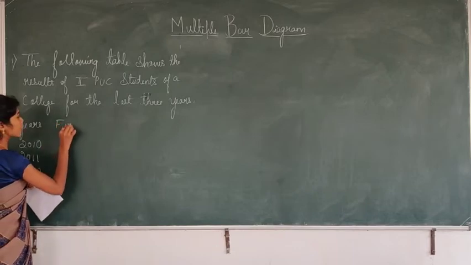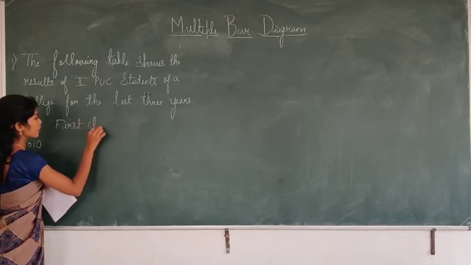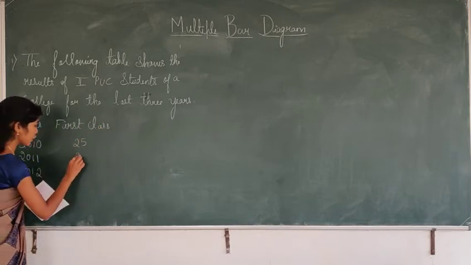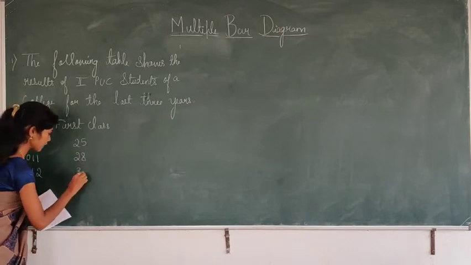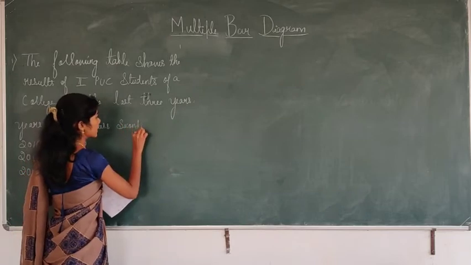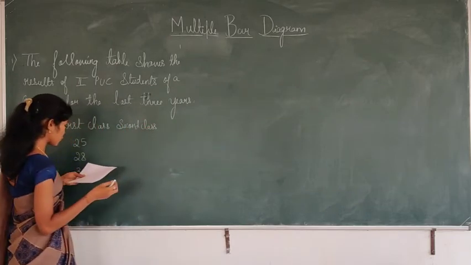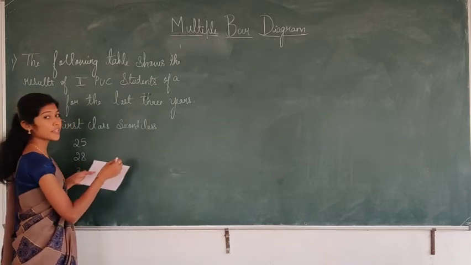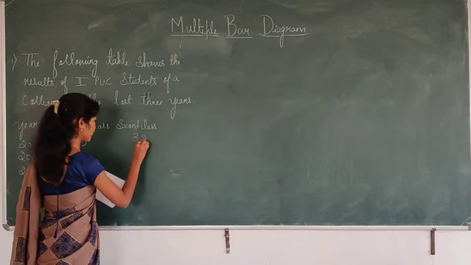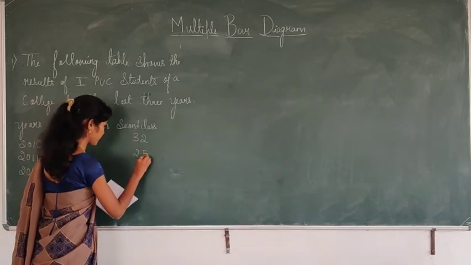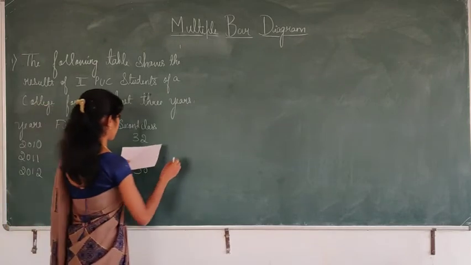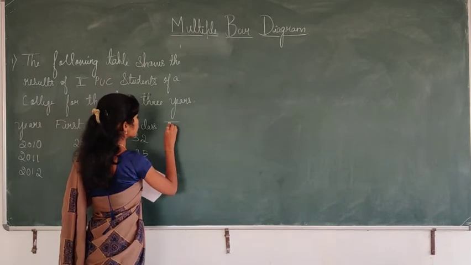First class: for 2010 it is 25, then 28 and 32. Second class: for 2010 it is 32, then 25, and for 2012 it is 30.